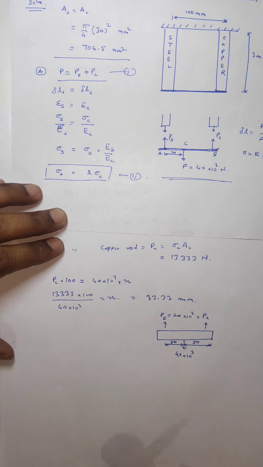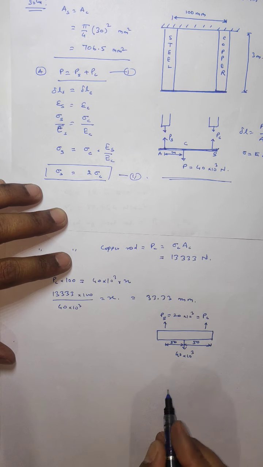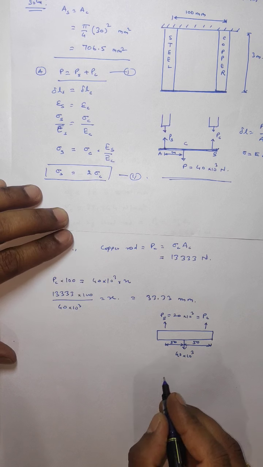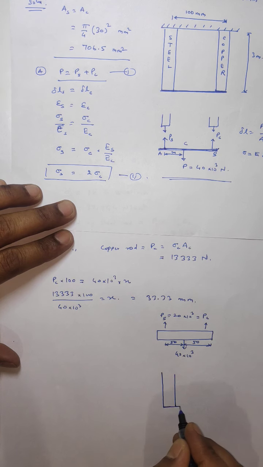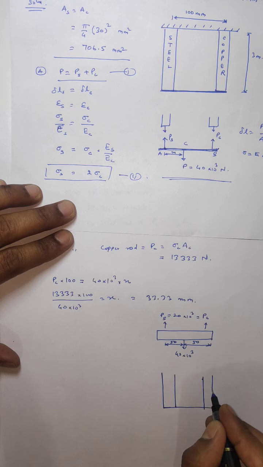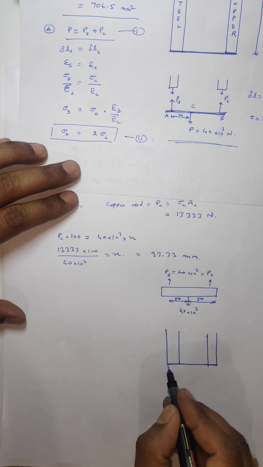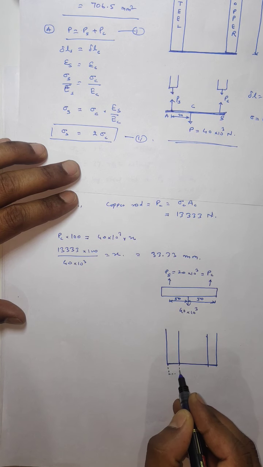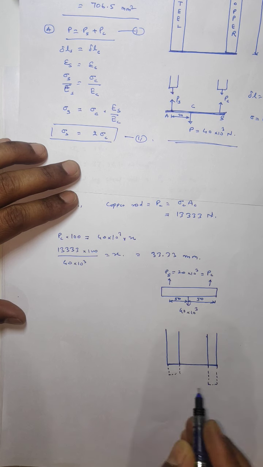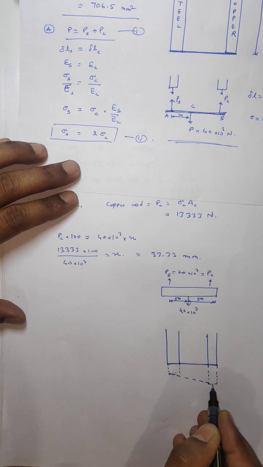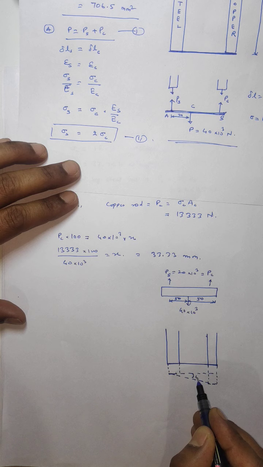In that case, the elongation in the rods will be different. Definitely one will elongate more as compared to the other. Suppose we make a drawing again. This is the initial condition, and after loading, suppose one elongates till this point, and the other elongates like this. So the location of the crossbar will be something like that. We have to calculate this inclination theta.